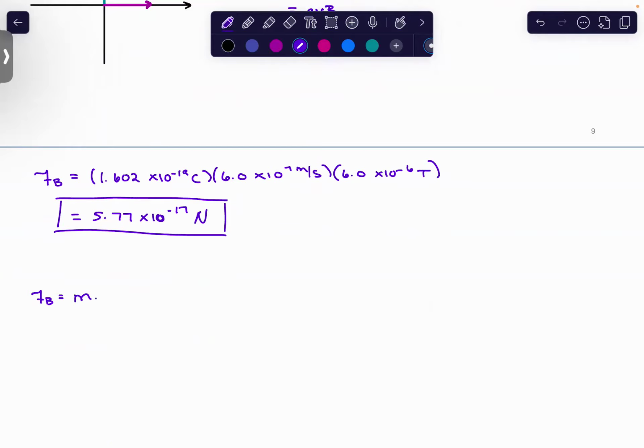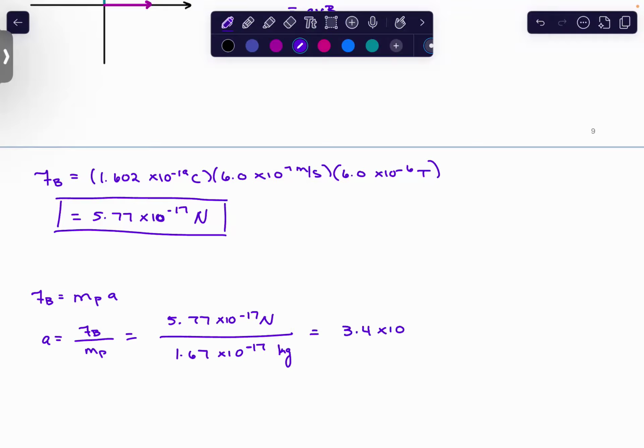Proton. And then which way is the force pointing?